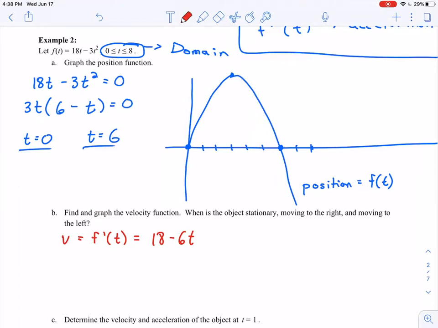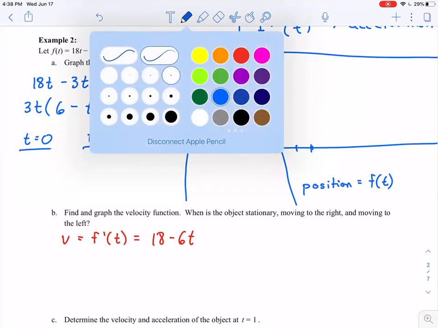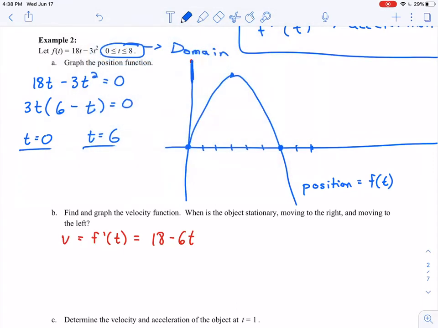I do want to be a little bit more careful about this, but again, I can hopefully gain a rough idea of what's happening. This is the equation of a line, and I know that this line has a positive y-intercept, so maybe my y-intercept is somewhere up here, and I know that my slope is negative. So, okay, I know I have a positive y-intercept, a negative slope.